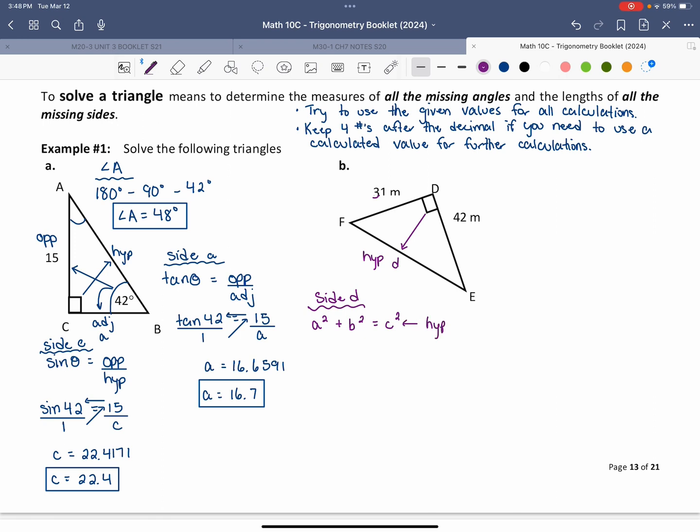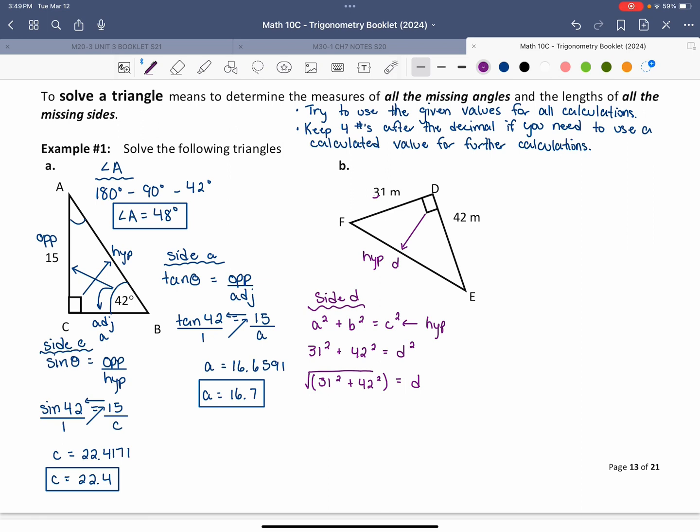So in this case, we'd have 31 squared plus 42 squared equals d squared, since d is our hypotenuse. Then we want d, not d squared, so we take the square root of both sides to get square root of (31 squared plus 42 squared) equals d.